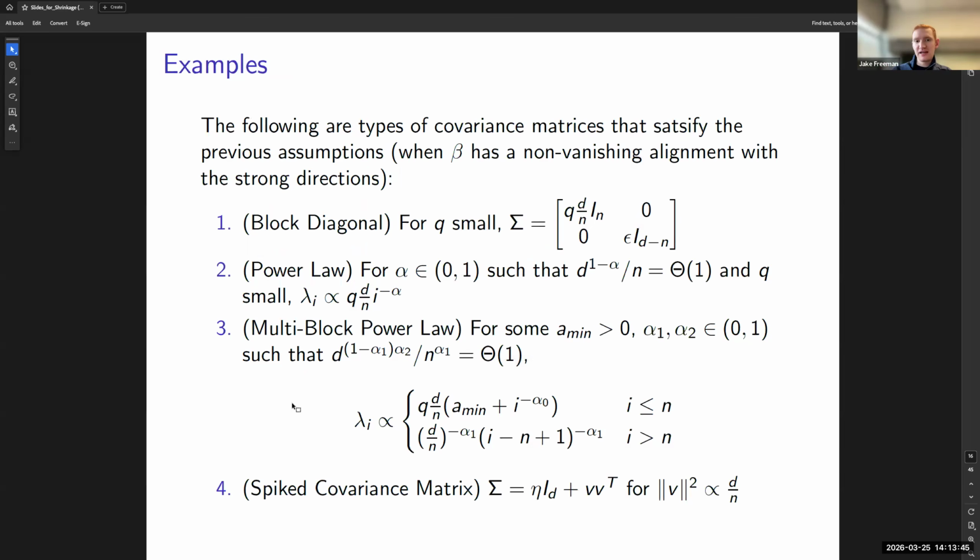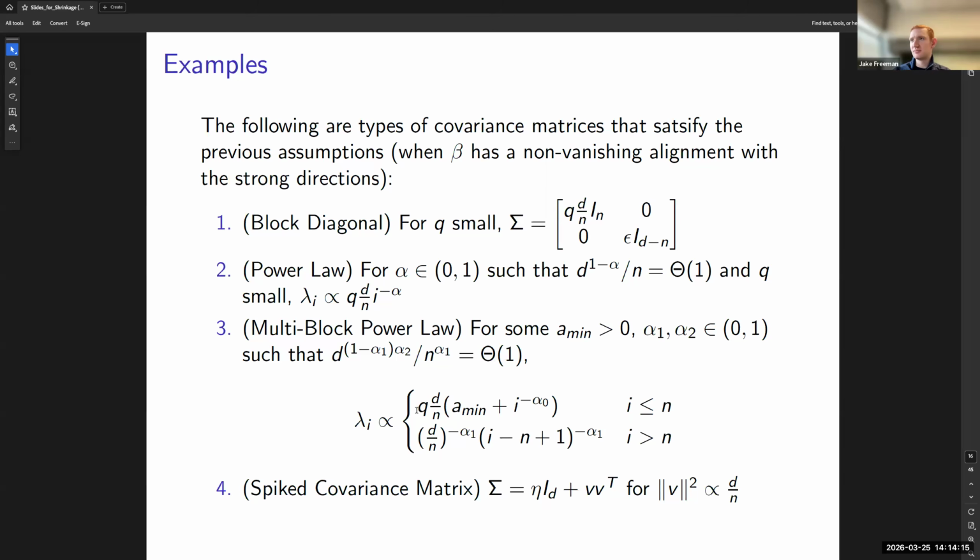First, before we do that, let's talk about some of the spectrums that can be solved here. We have a block diagonal matrix, which is similar to the negative ridge example. Another one that we can handle is the power law decay, and the alpha here is chosen to keep our condition of the trace being equal to D. We can also handle multi-block power laws.